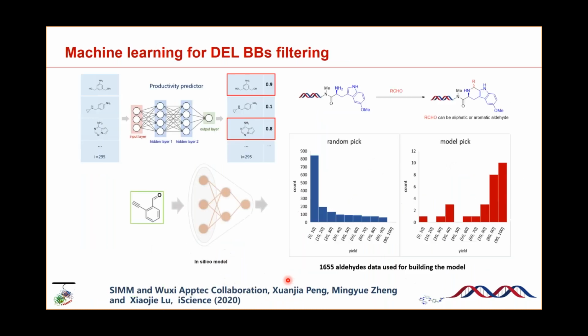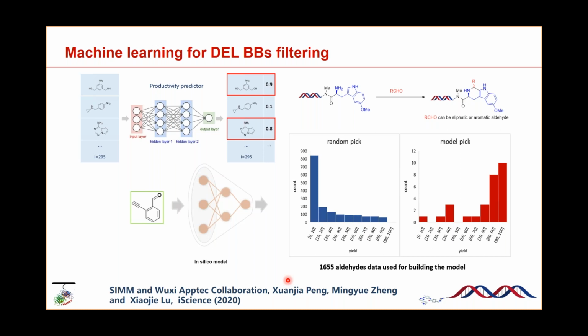With this idea, we collaborated with WuXi AppTec, and we developed new conditions for the Pictet-Spengler reaction. This one is quite unique in DEL because it is acid promoted. We found this condition and validated over 1,600 aldehydes, and using this data we built a model.